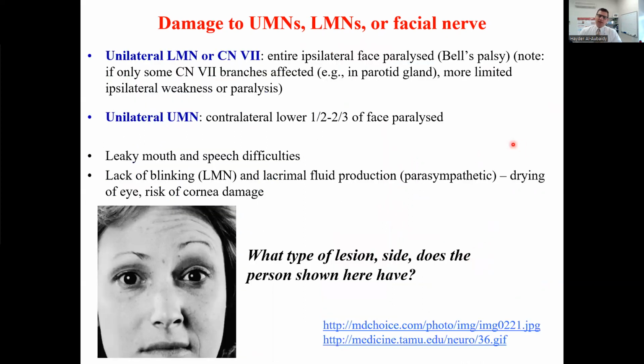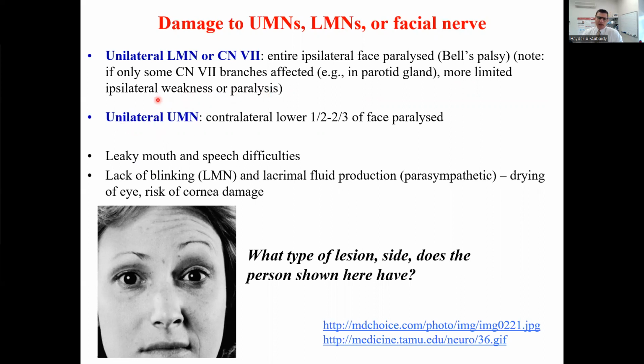Let's repeat this in different words. Unilateral lower motor neuron or facial nerve damage causes entire ipsilateral face paralysis. This is a clinical scenario referred to as Bell's palsy. Sometimes there might be partial damage to the facial nerve, hence the patient may not have complete paralysis of all the muscles, depending on the severity of the damage.